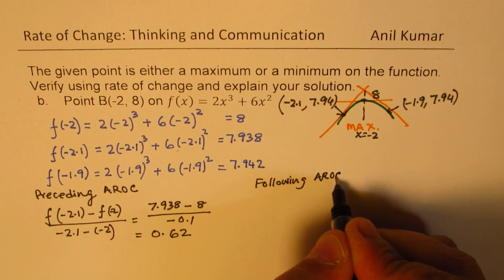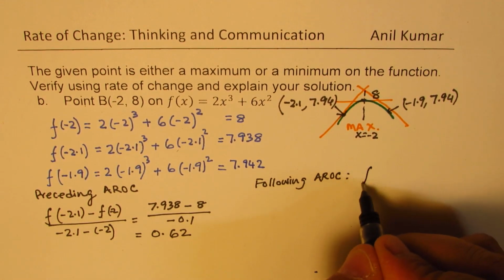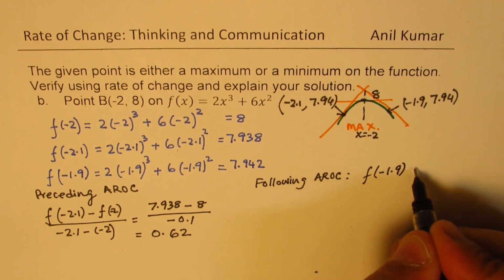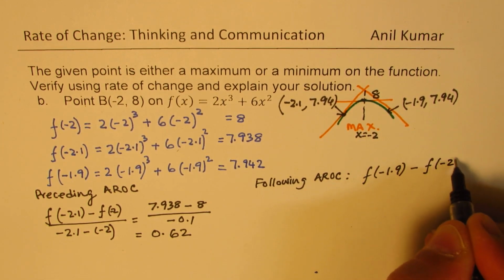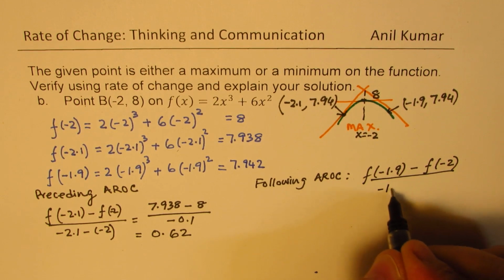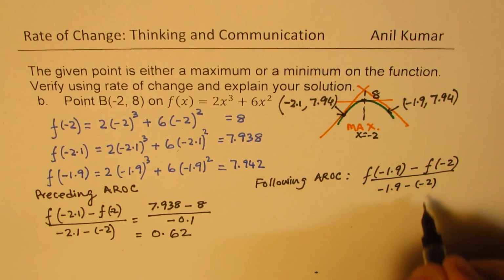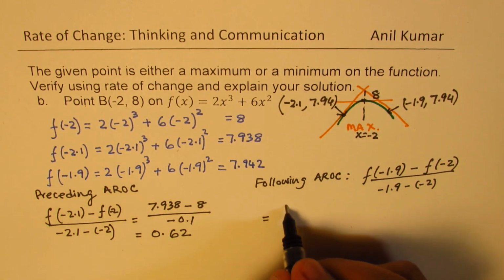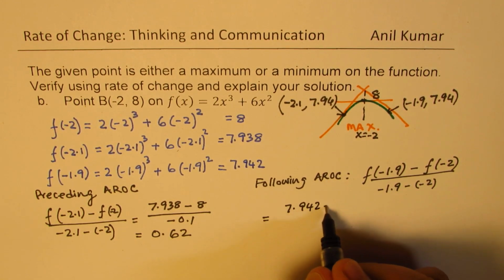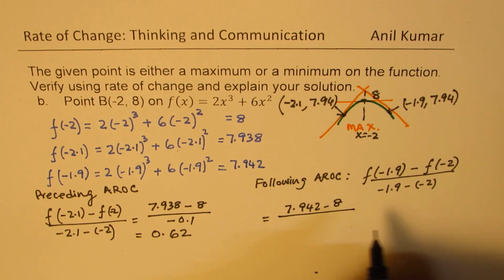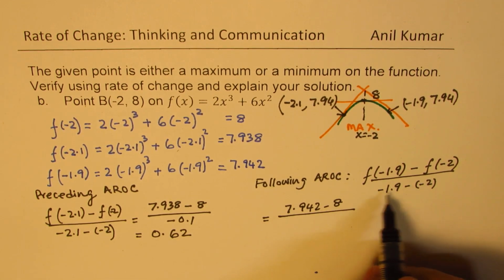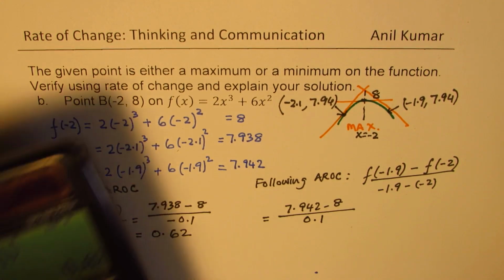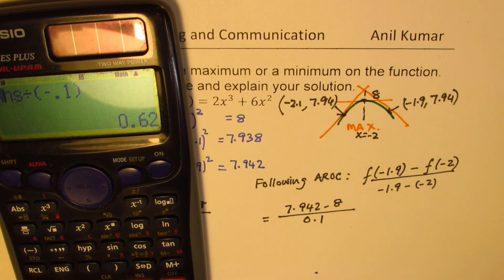Now let's find the following average rate of change. In that case, we are going to use these two values, which is f(-1.9) minus f(-2) over -1.9 minus (-2), correct? So these values are 7.942 minus 8 over, when you do this, -1.9 plus 2, which is plus 0.1.